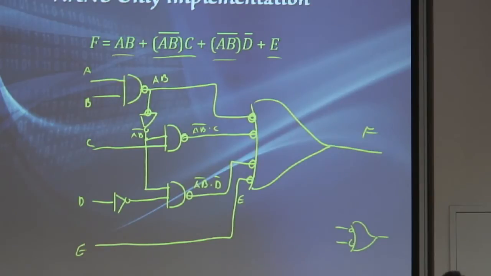I need to invert the signal E, so I'll just add an inverter on this line. So I'm inverting E and then inverting it again. Now what really happened is that I can convert this into a NAND gate, so this will just become one big NAND gate with 4 inputs. All these ones are now NANDs already.